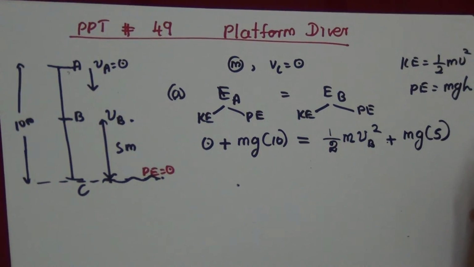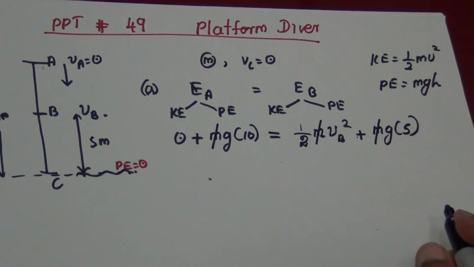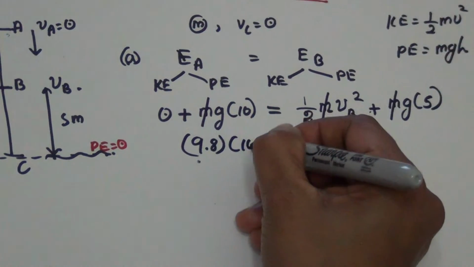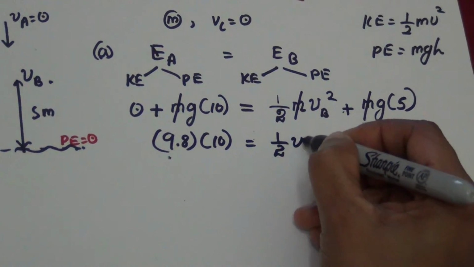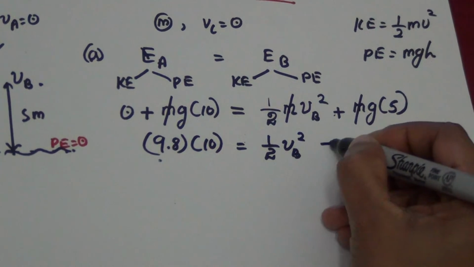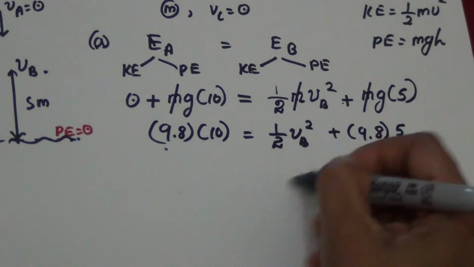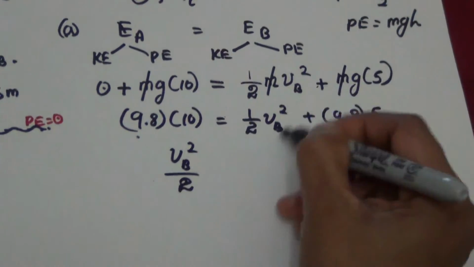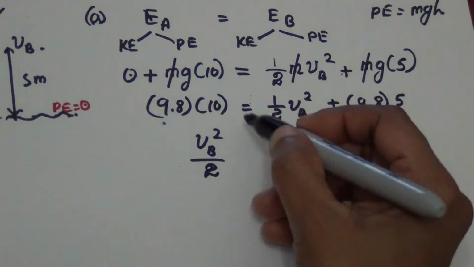Let's simplify that. First we can cancel all these masses, and now I can write 9.8 times 10 equals 1/2 VB squared plus 9.8 times 5. You can isolate this on one side by subtracting this term from both sides.